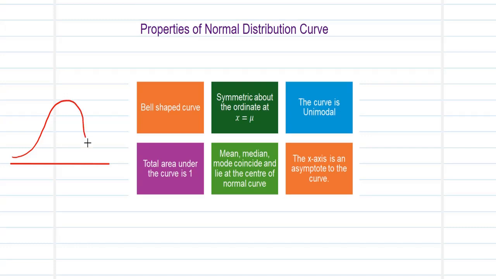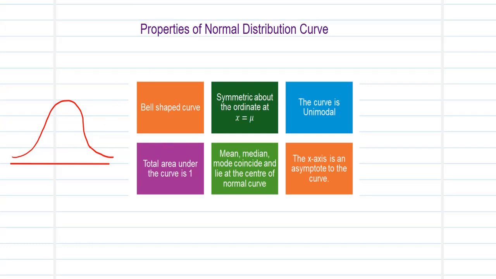Go to the top over here and then it comes down here and gradually decreases. So this is something like this, a bell shape. So this represents a bell. So what is going to be the shape of the curve? It is a bell-shaped curve. So the normal distribution curve is a bell-shaped curve.